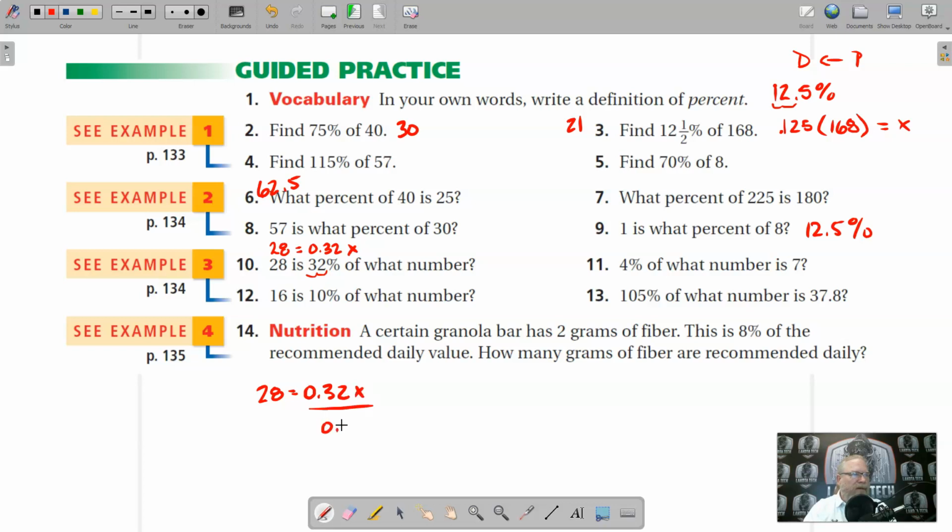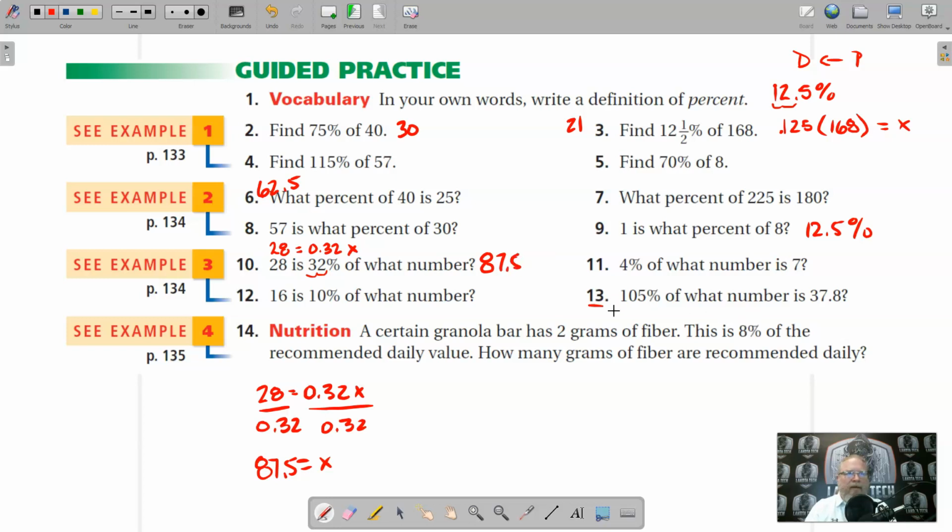Divide both sides by 0.32, and that leaves us just x on the right. 28 divided by 0.32 equals 87.5. So that's the whole we're looking for there.